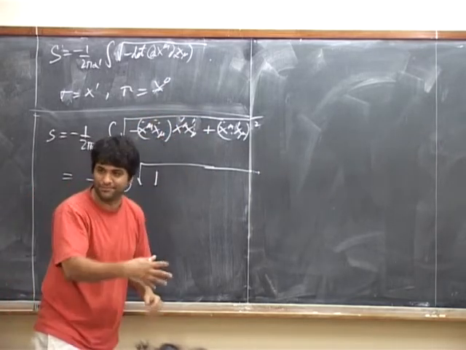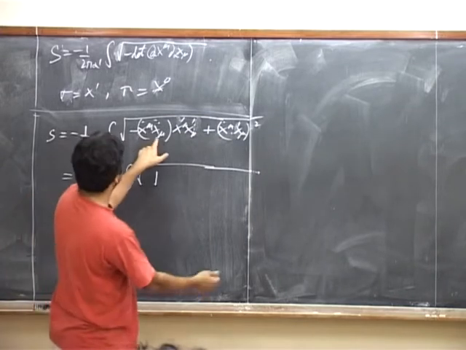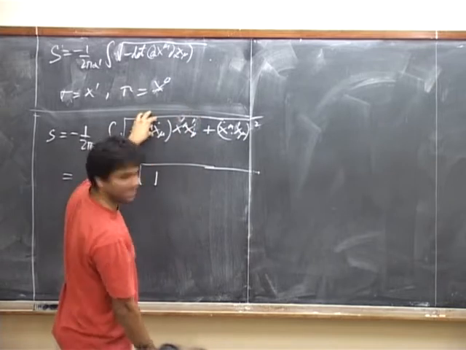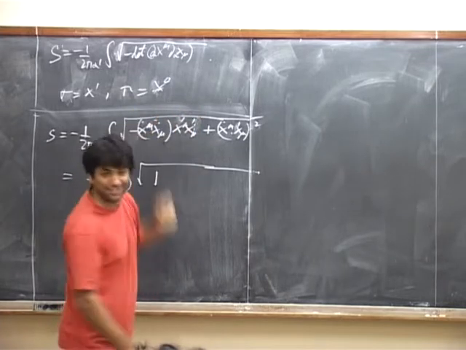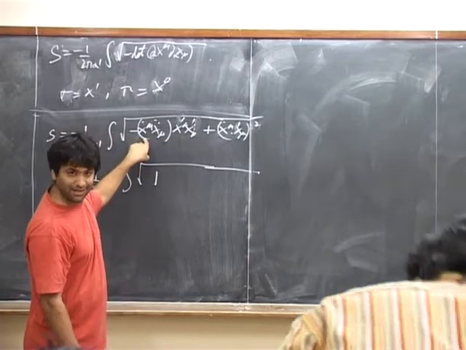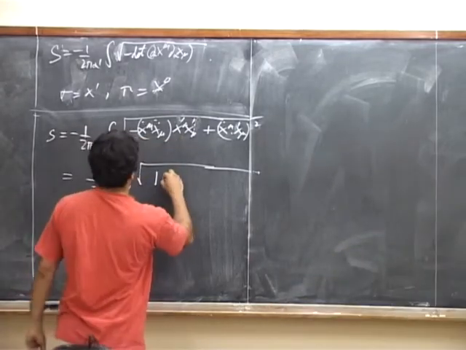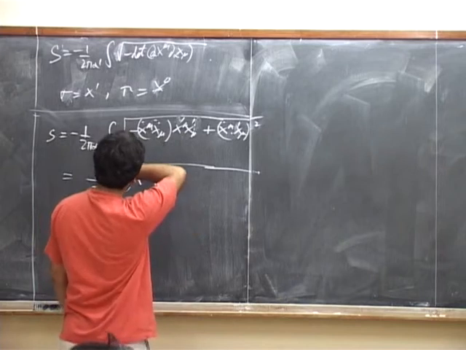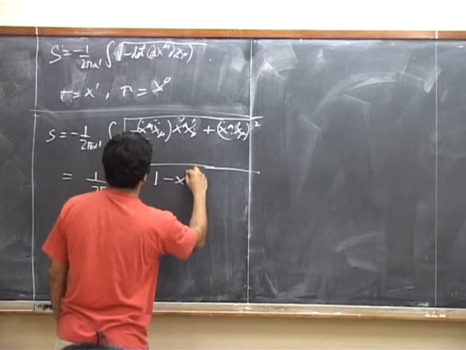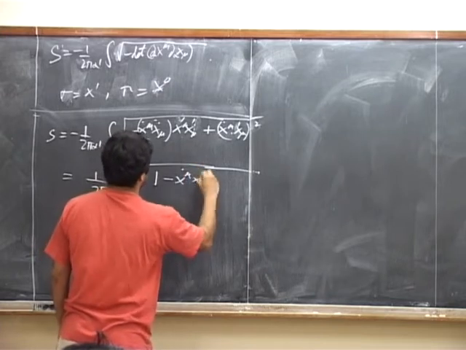So very quickly, if we want to do what comes from this term, we'd have to take background here and fluctuation here, or background here and fluctuation here. So background here and fluctuation here gives us minus x mu dot x mu dot.